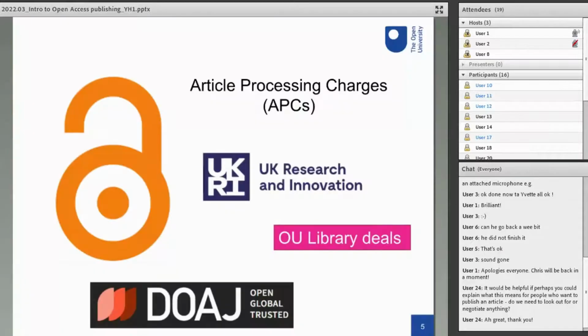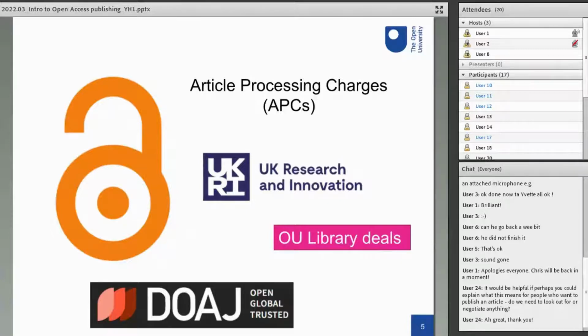So obviously, in most cases, gold open access involves paying for the privilege, and you can find some of the open access journals out there that don't charge to publish. These charges are commonly known as APCs or article processing charges, but more often than not you will need to find a way to pay for those APCs.